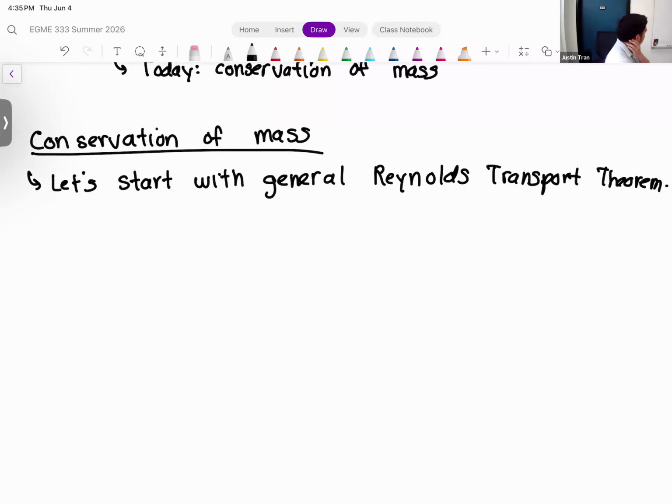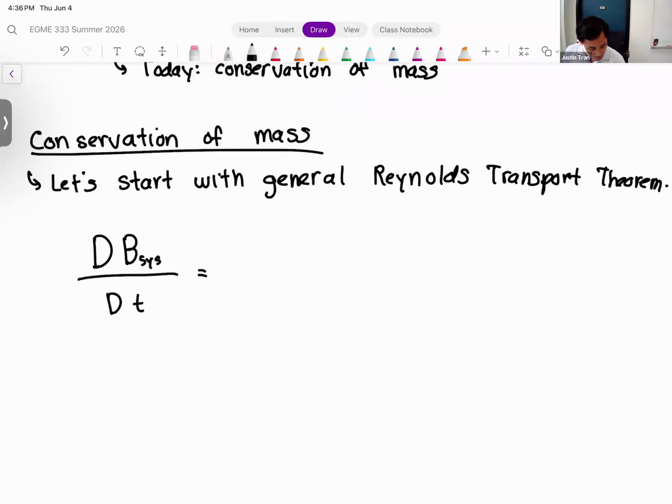We'll write the general form first, and then we'll apply conservation of mass to it by plugging in for B. I'm going to write the secondary form of Reynolds transport, just because this is the more traditional one.